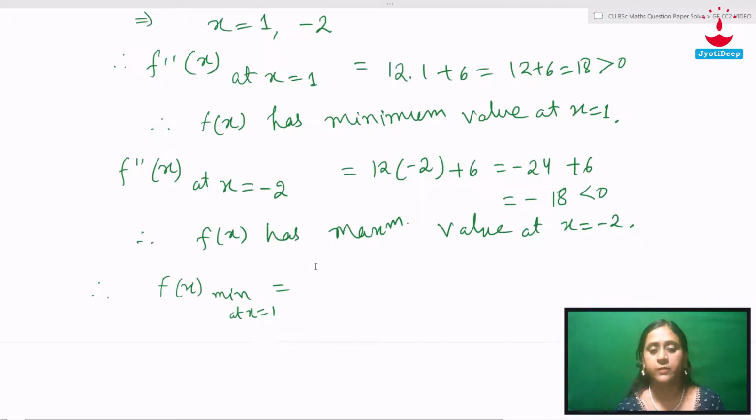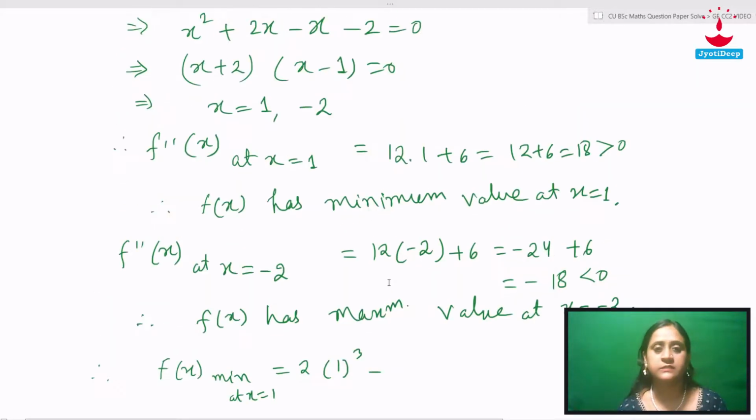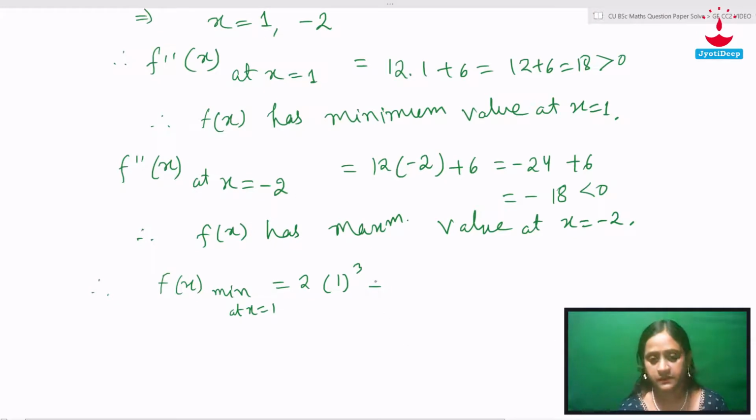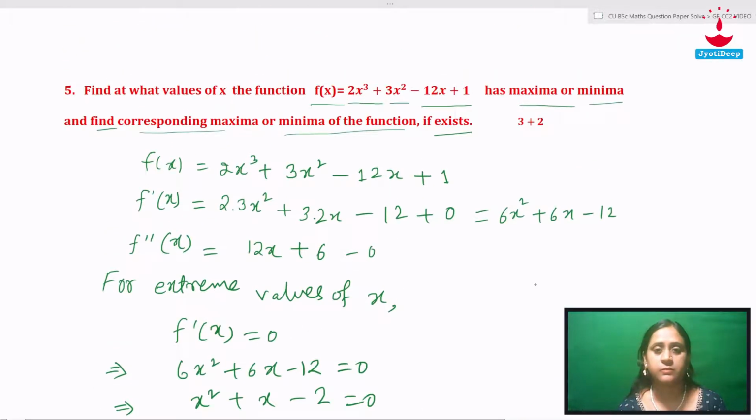Okay, so it will be 2x cube, not minus, this is plus 3x square minus 12x plus 1.